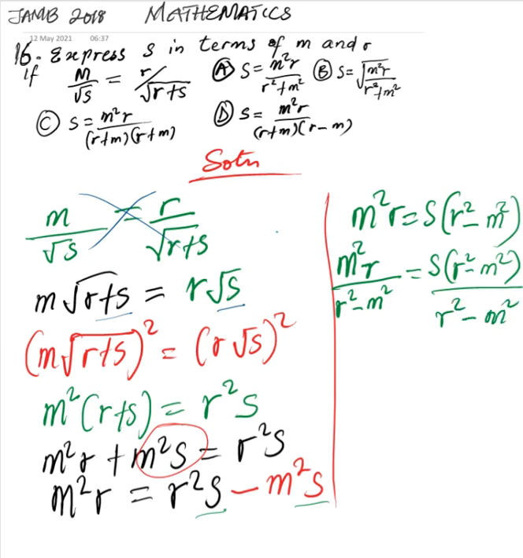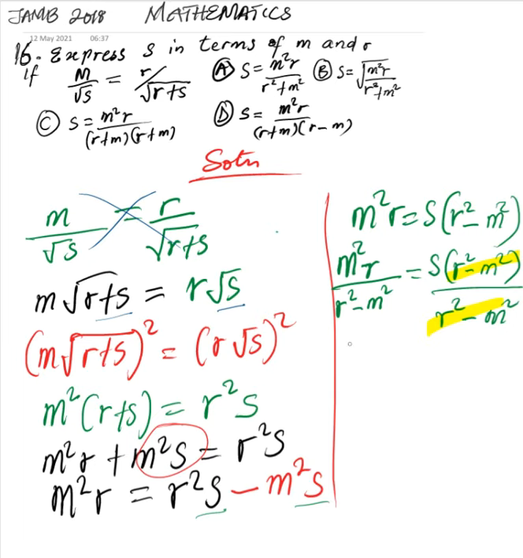Okay, we have R squared minus M squared here, and we have R squared minus M squared as the denominator. So this can be taken off. That is, R squared minus M squared divided by R squared minus M squared will give us 1. So we are left with only S at this side.